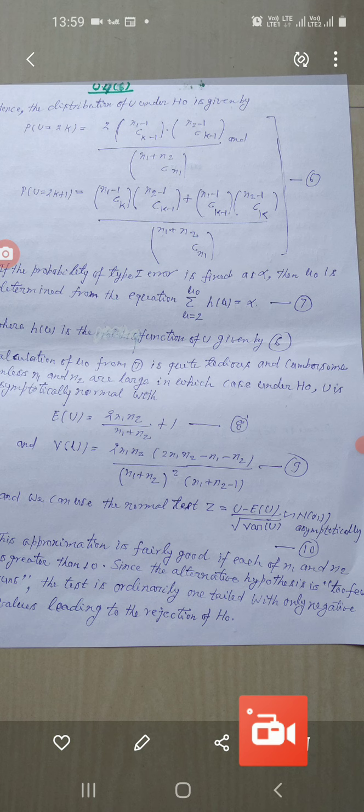Since the alternative hypothesis is too few runs, the test is ordinarily one-tailed, with only negative values leading to the rejection of H naught.